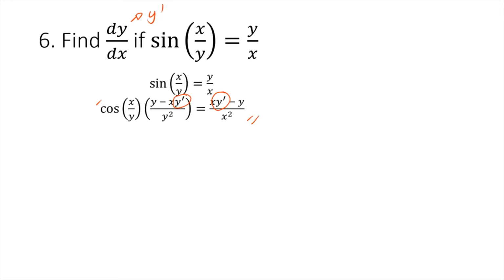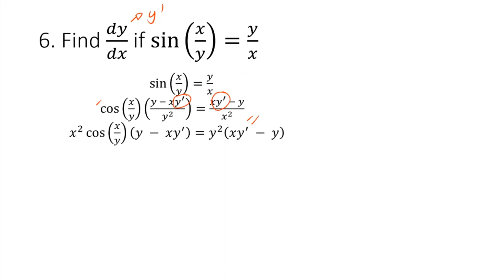First we can perform cross multiplication to eliminate the fractions. So cross multiply x squared to the left hand side of the equation, and cross multiply y squared to the right hand side of the equation. So this will be the result.